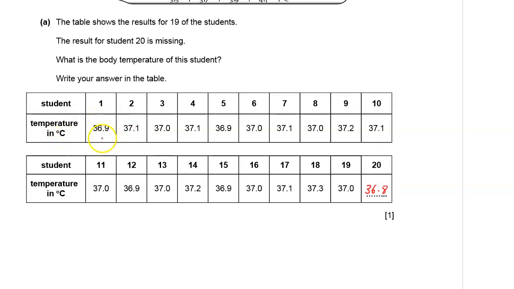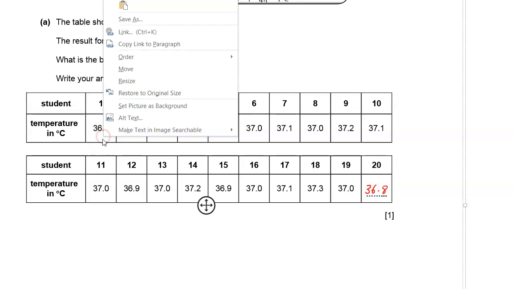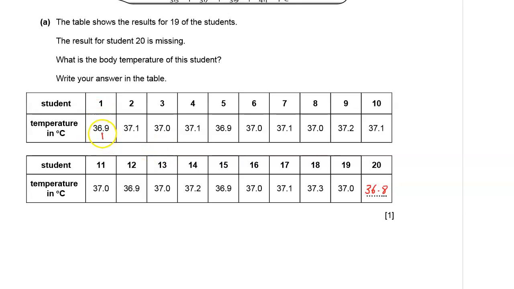36.8. This is 36.9. For 36.9 we have 1, 2, 3, 4. So at 36.9 we have 4 students. 37.1 has been done for us.